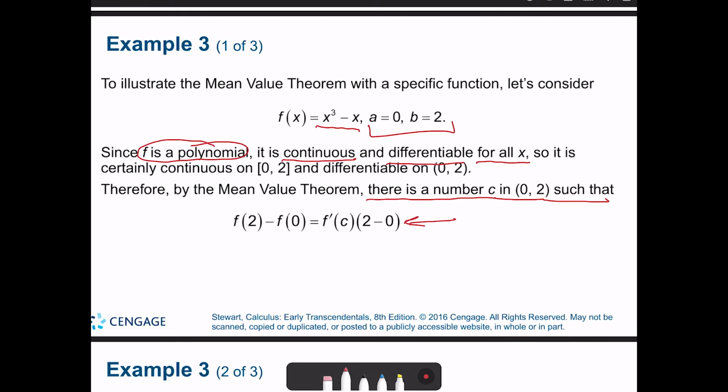We could modify this. We could take the 2 minus 0 and divide it back over underneath here, so that we have, again, y2 minus y1 over x2 minus x1. But your author is choosing to use the modified version here.